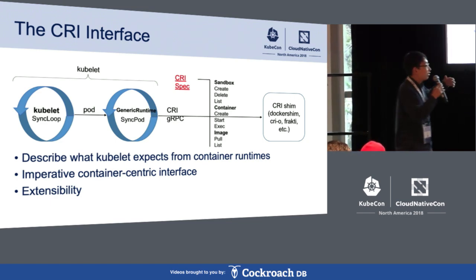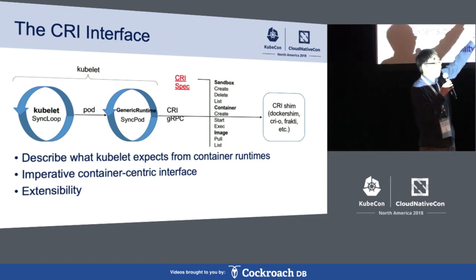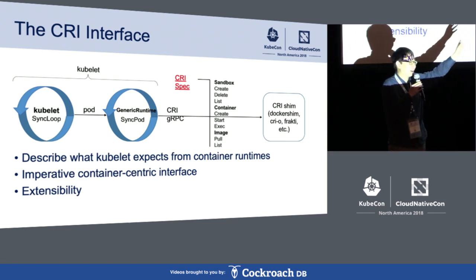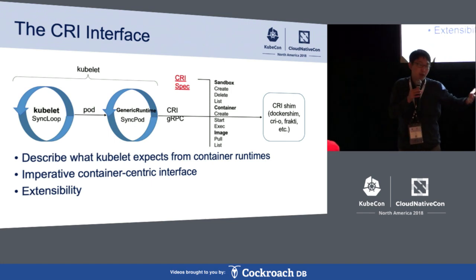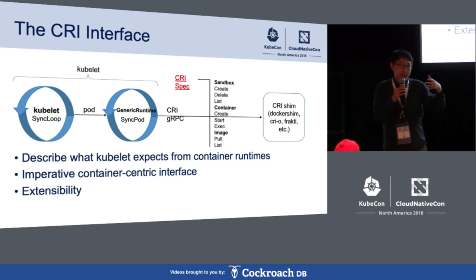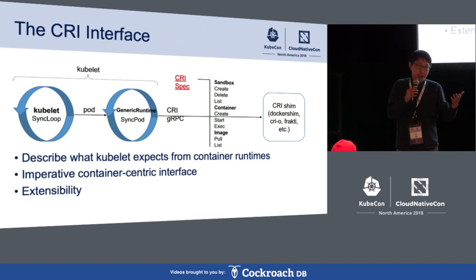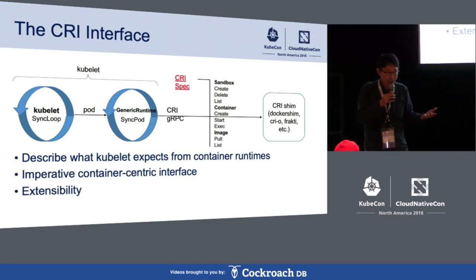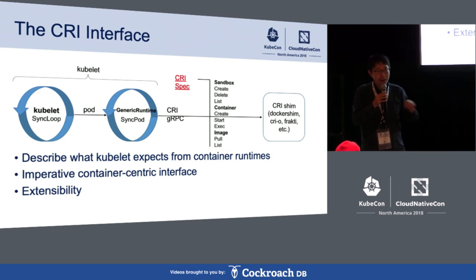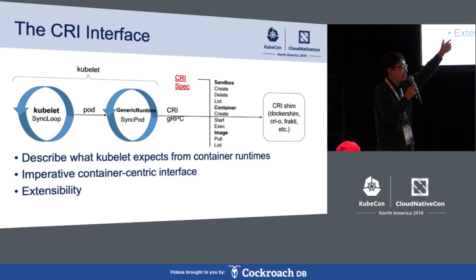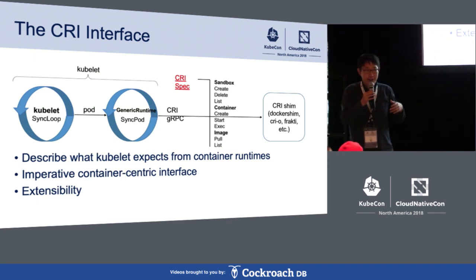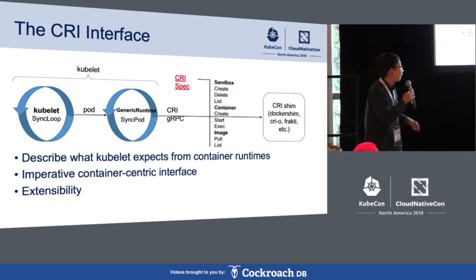That means Kubernetes only cares about this very limited number of APIs from a container runtime. No matter whether it's Docker, rkt, CRI-O, containerd, or even a virtual machine like Kata, Kubernetes does not care. As long as you can provide this limited number of interfaces to Kubernetes, it works.